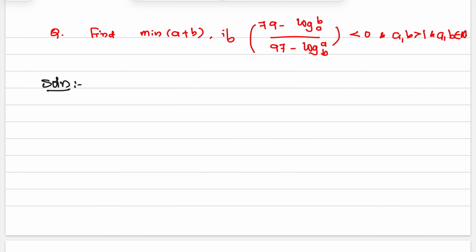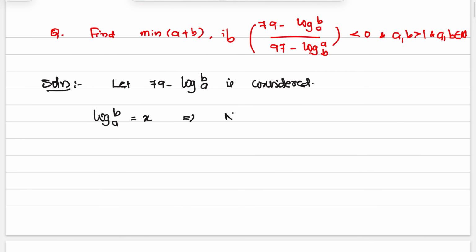Let us say in the given problem, let log b to the base a be considered. Let log b to the base a be equal to x.